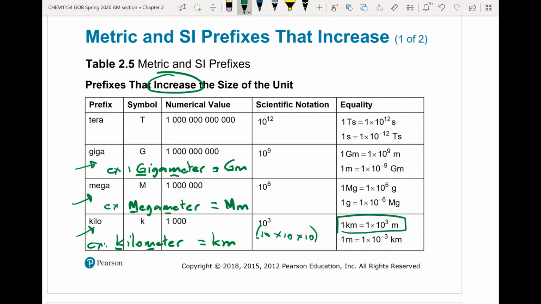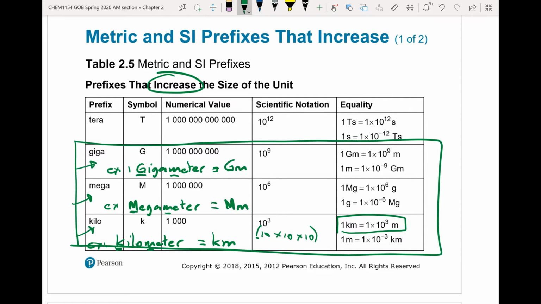So those are the 3 prefixes that you need to know that increase the size of the base unit. Those are the ones that I expect you to know. Tera, we do see that, but nowhere near as frequently as the other 3. So we need to know the prefix, the symbol, and its value.